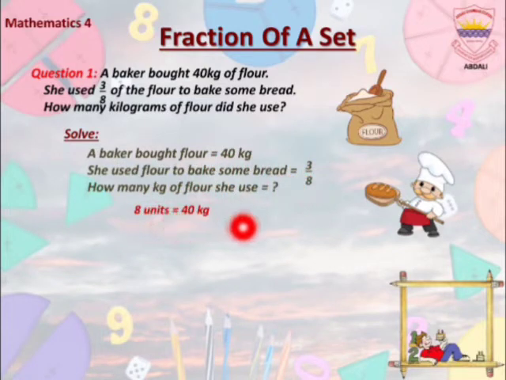Students, firstly 8 units of denominator is equals to given number, that is 40 kg. 1 unit is equals to, what we do now?